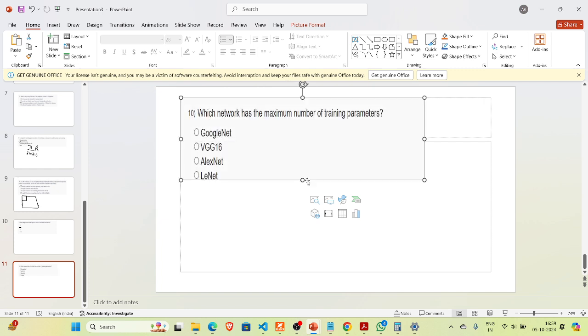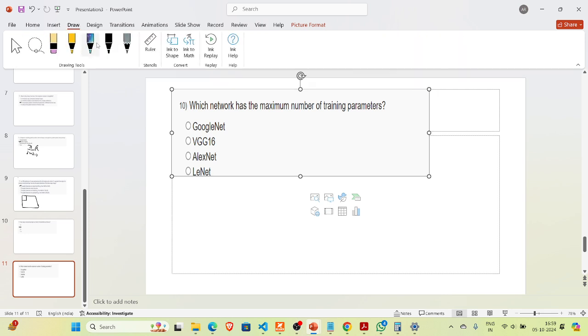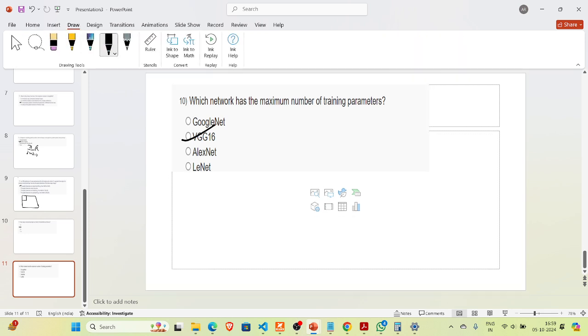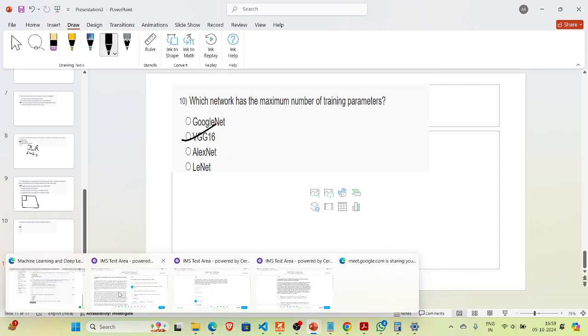In none of these other papers have they used so many fully connected layers. The fully connected layers blow up the number of parameters this model has. So that is why VGG16 has the maximum number of parameters to train.